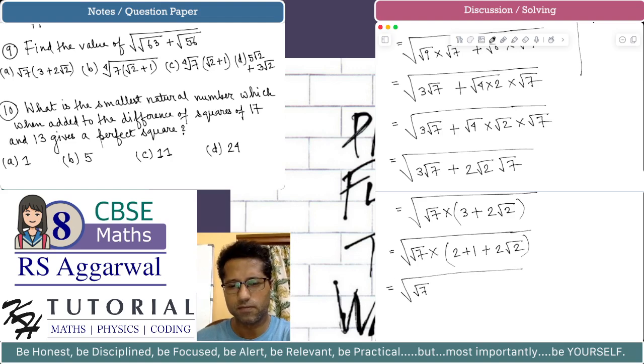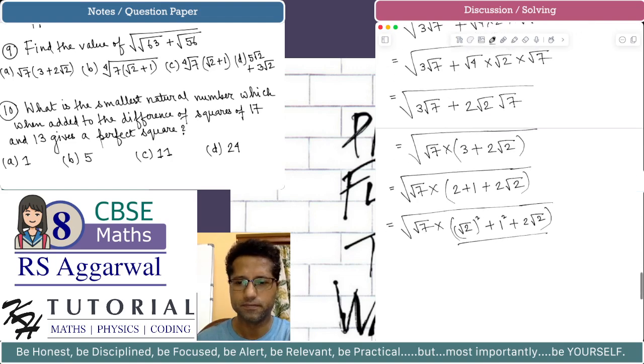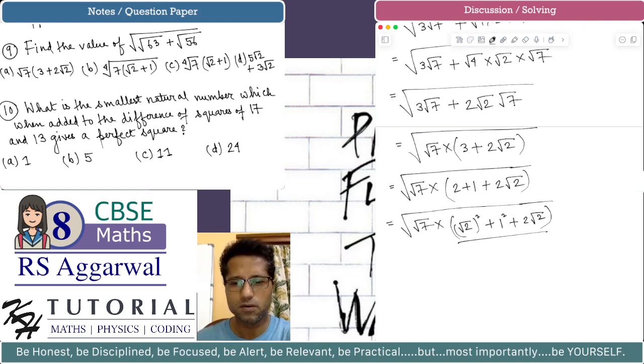square root of 7 multiplied by 2 can be written as square root of 2 whole square, and 1 can be written as 1 square, and we have 2 into square root of 2. So this term is becoming a whole square term.